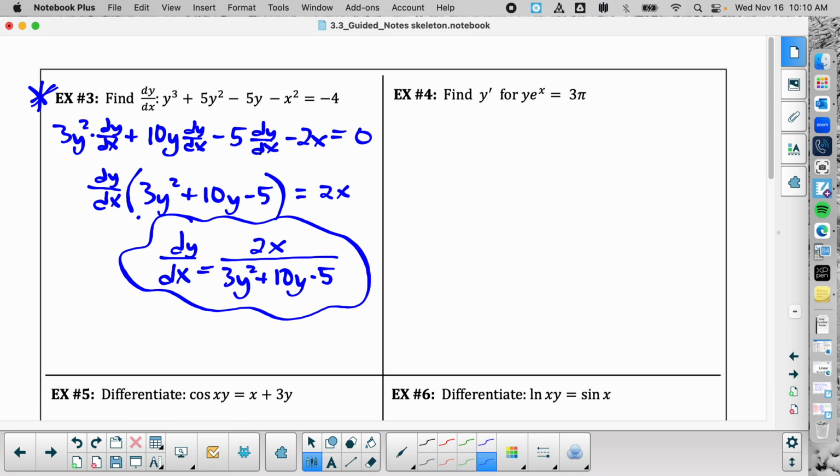So 5x, the derivative of 5x is just 5. So I know it's just a number. But you're dealing with a letter that's not x. So that requires you to do chain rule on every one of them. So this one is like saying 5y to the first, even though you don't really read it that way.